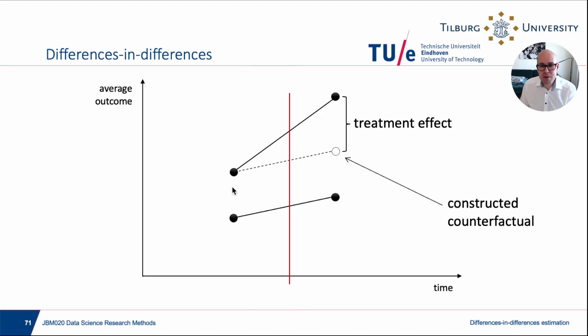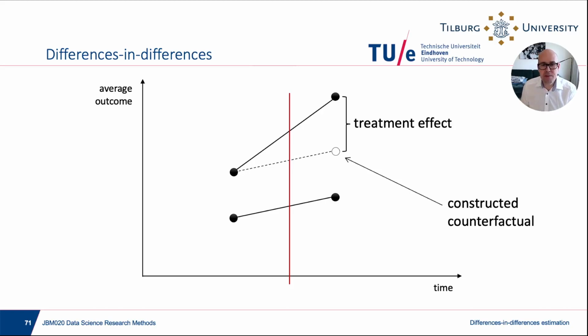So even though I have selection into the treatment, these two are not the same, I can measure the treatment effect as this difference here by constructing this counterfactual outcome, at least in terms of how I can imagine all this to work.